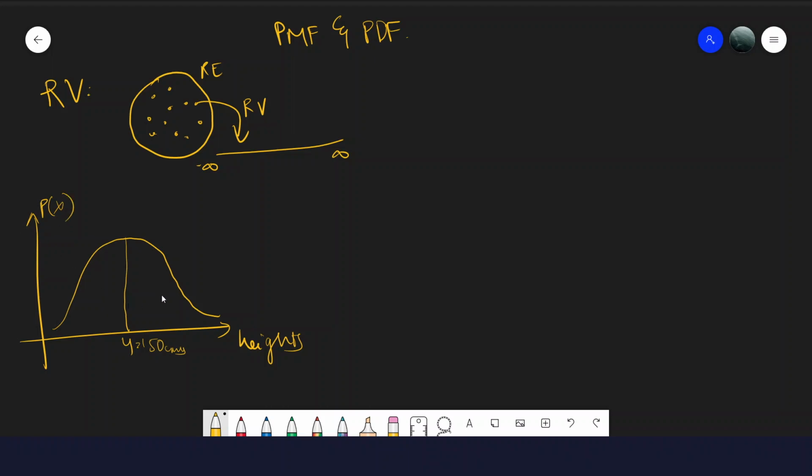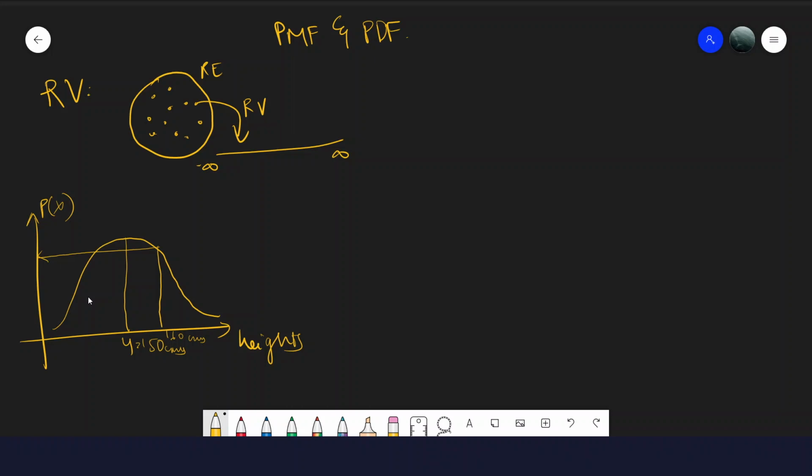If I have a value x, let's say 160, it falls somewhere here, and I can find the probability of observing that value, which is 160 centimeters, in real life, if I extrapolate it on the y-axis, right? So this is the Gaussian distribution. Now this is a continuous Gaussian distribution because the height of people is a continuous variable, right? You can have any real value between some range like 120 or 180 and so on.